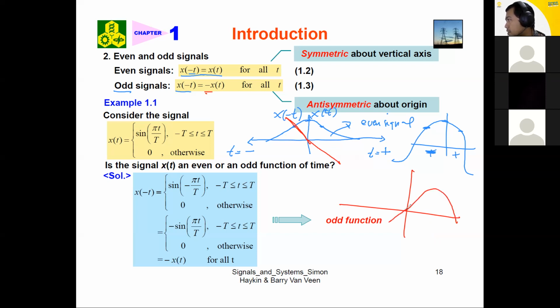This is an odd signal. You can see for xt here, this is x minus t. The x minus t is always negative and this is positive. So it's opposite, and it fulfills the characteristic of an odd signal.